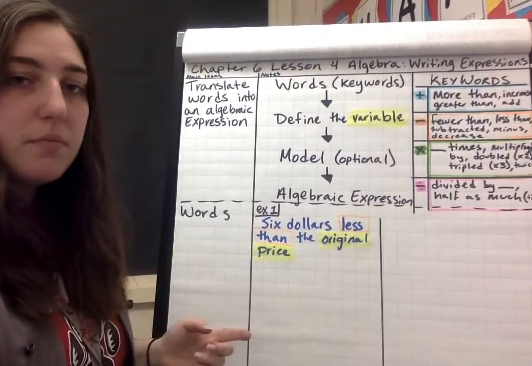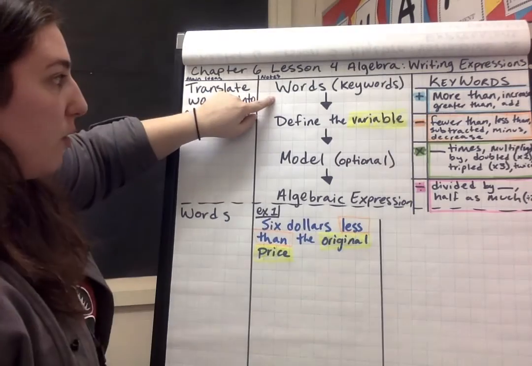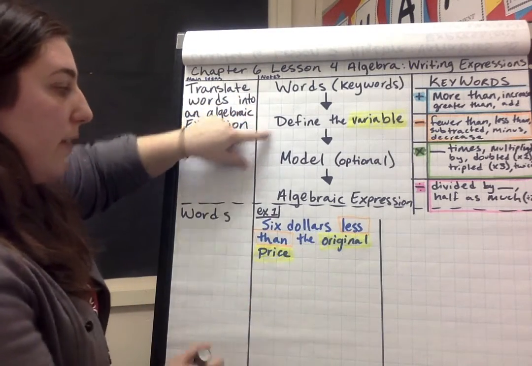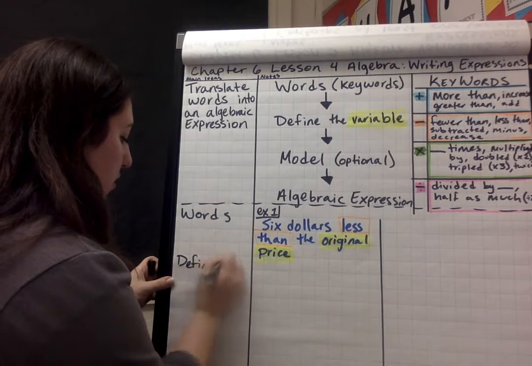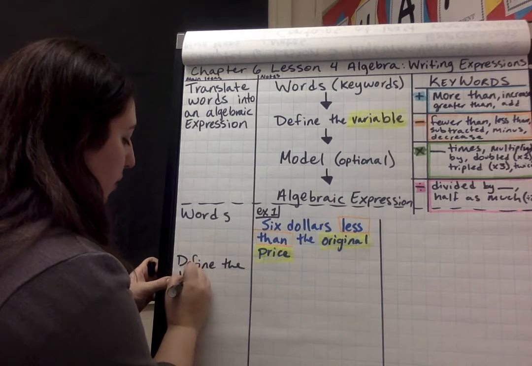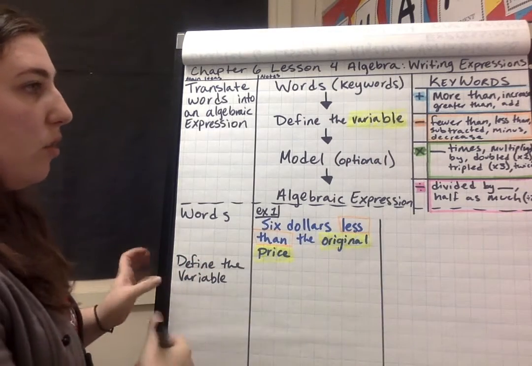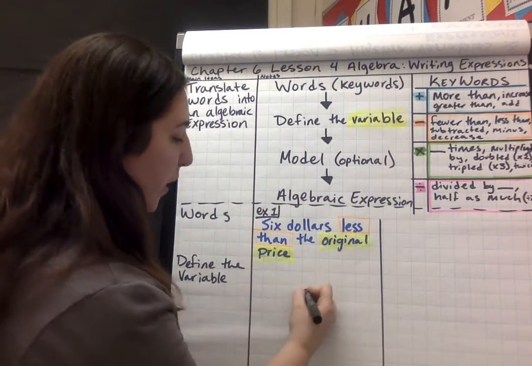Okay, so after we find the key words in our situation, we are going to define the variable. So define the variable. Okay, so in this case, our variable is the original price.